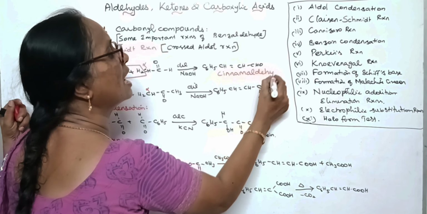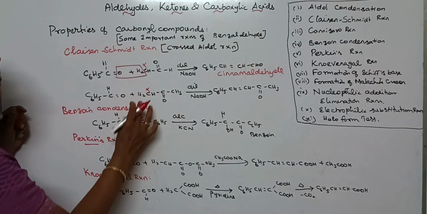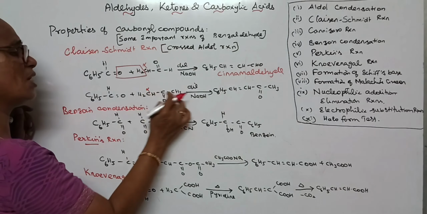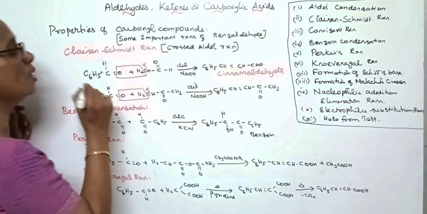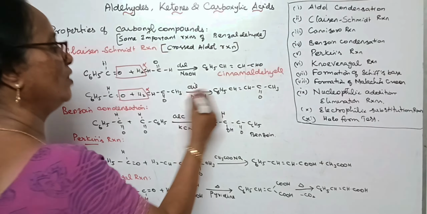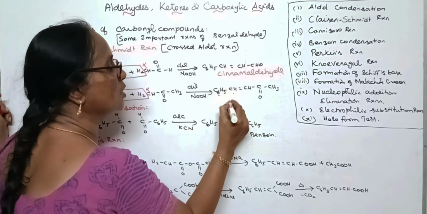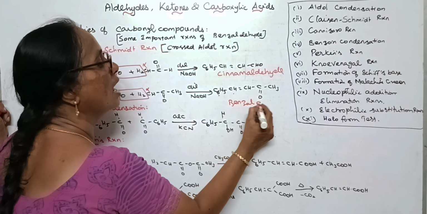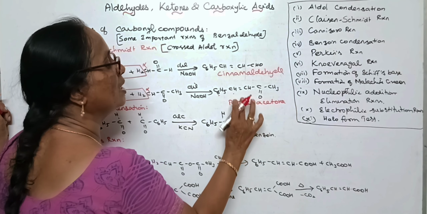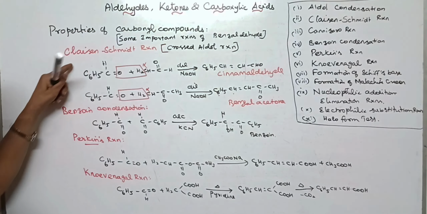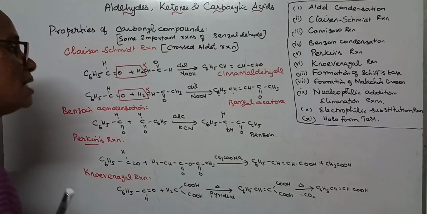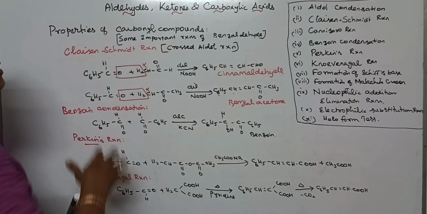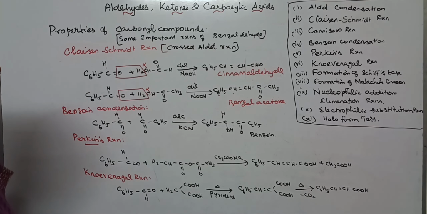Similarly with acetone, you have CH3COCH3, both of them alpha carbons. So from any of the alkyl groups you can remove a molecule of water, and we will get benzal acetone. So the name of the product obtained is called benzal acetone. These two reactions are referred to as CLAISEN-SCHMIDT reaction because these reactions were performed by these people. That's why the name is given.